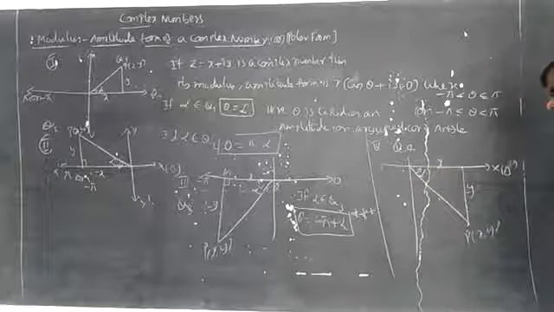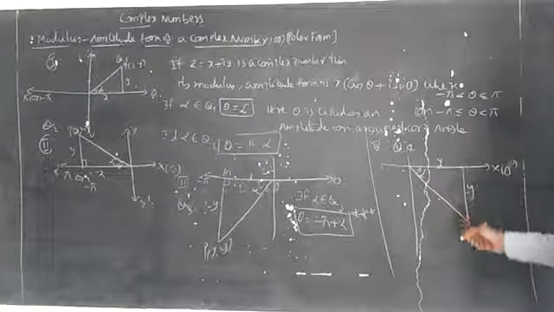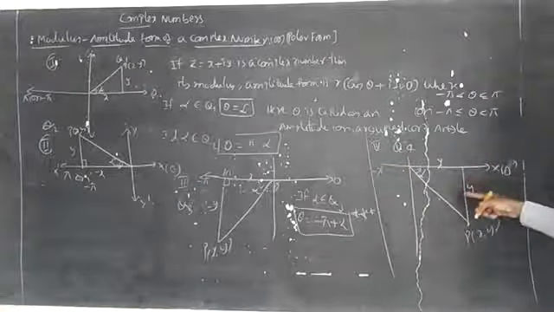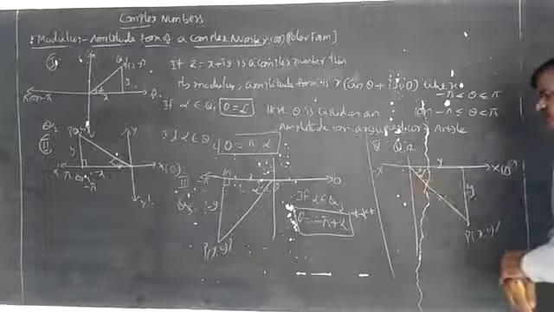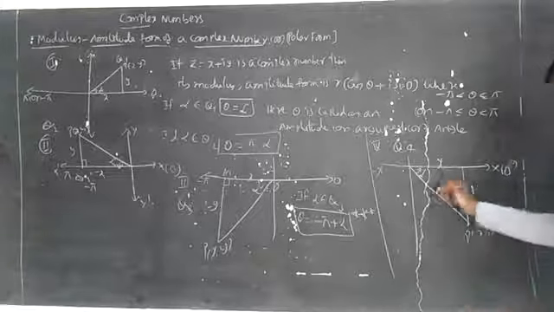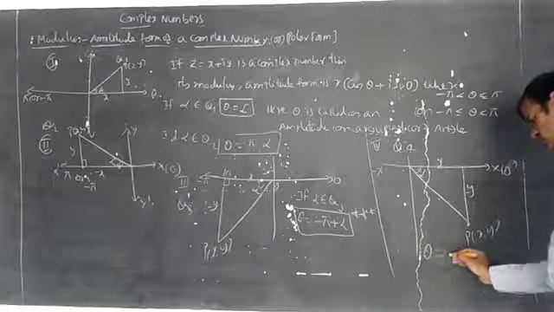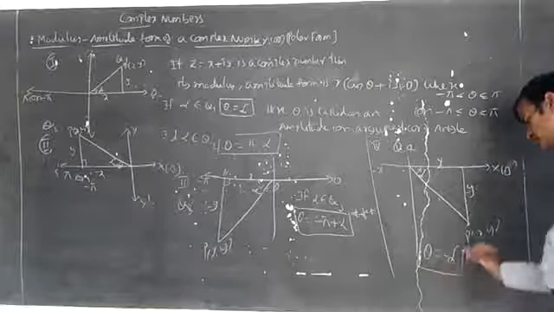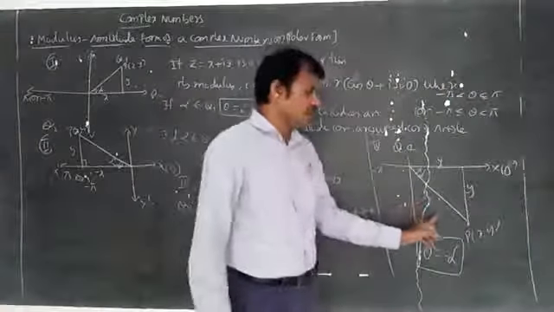Here put alpha. If you are taking the negative side, minus pi I said here. We should not discuss 3 pi by 2 plus theta; 2 pi minus theta is correct here. So here you should understand theta is equal to minus alpha. That's all. Theta is equal to minus alpha.